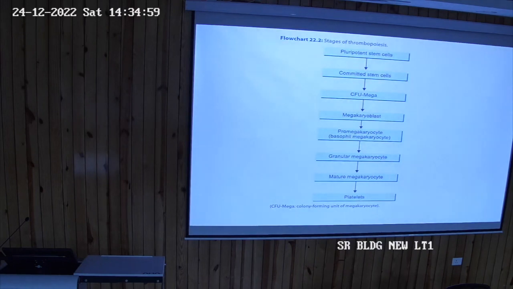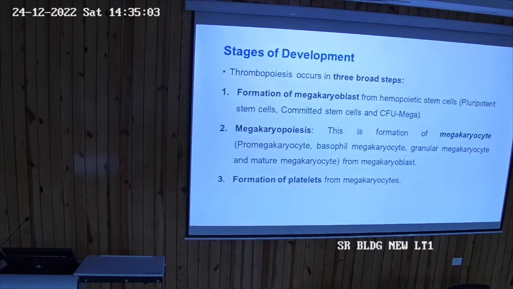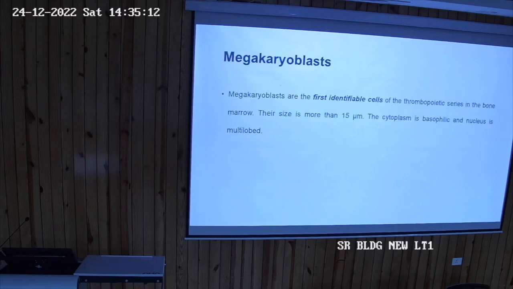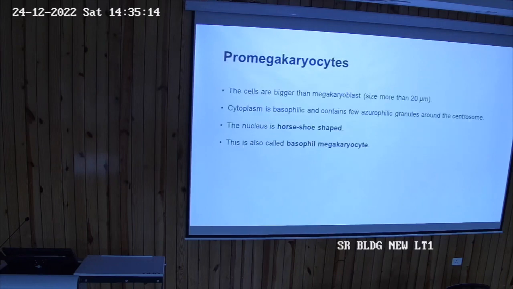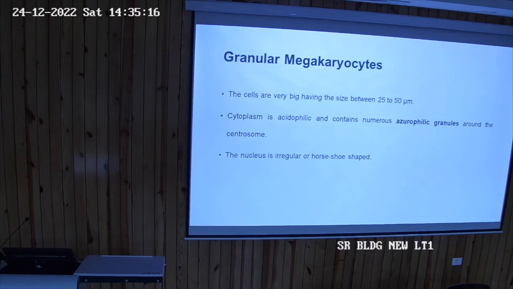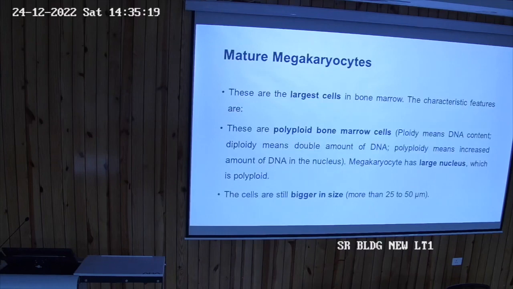These are the stages of thrombopoiesis. Megakaryopoiesis, formation of platelets from megakaryocytes. Mature megakaryocytes, these are the largest cells.